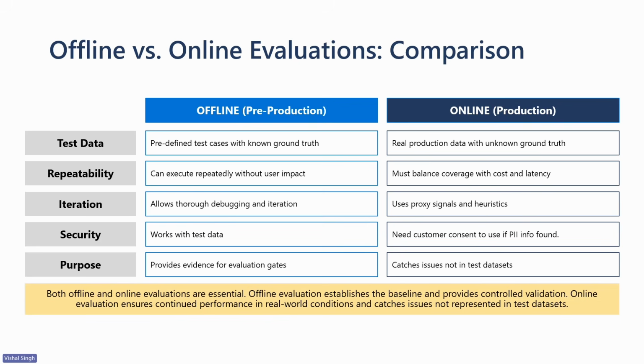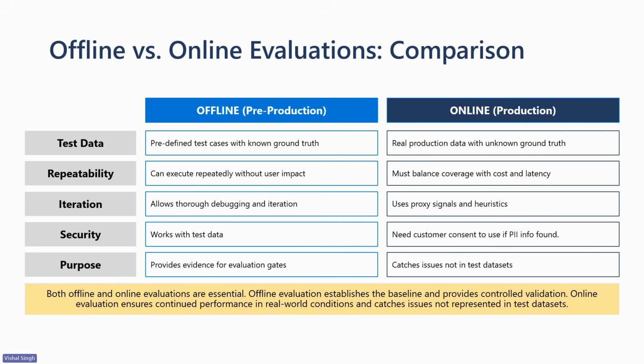You're able to repeatedly execute the evaluations without any user impact in the picture. And we iteratively define and debug the agent to perform better by refining the process, running it through the test data with the intent that this would help us decide whether your agent is good to go for the production system.